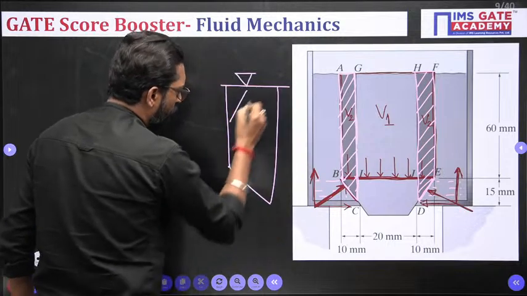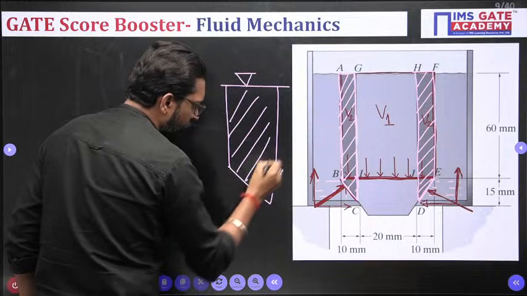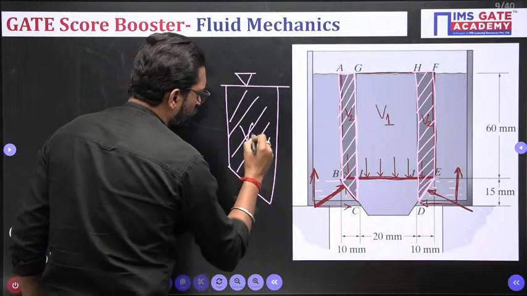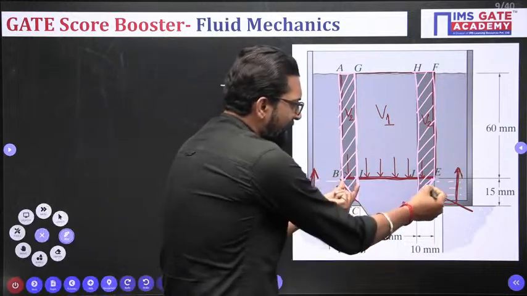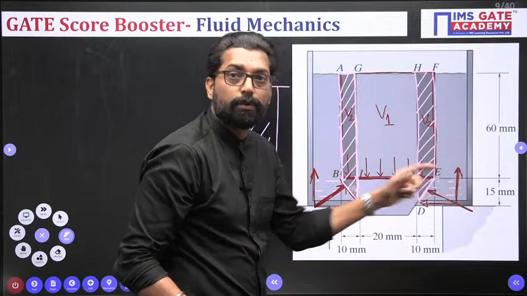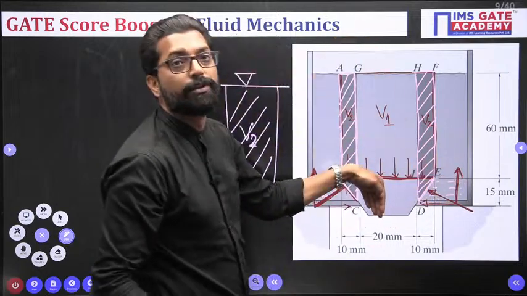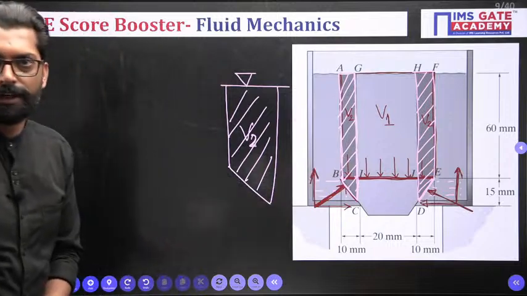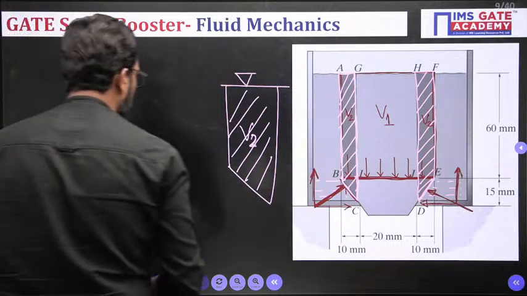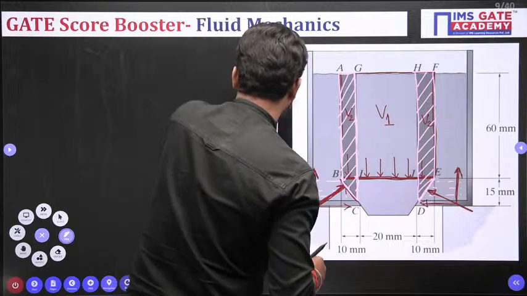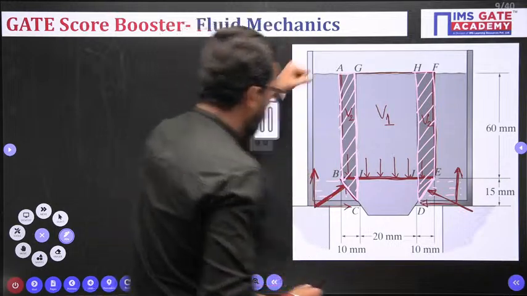So this is your volume. Let's suppose this is your V2. So there are two, that means in this slant and this slant, that means 2 into V2. 2 into V2 minus V1. Net vertical force. Okay. Net vertical force. Right.